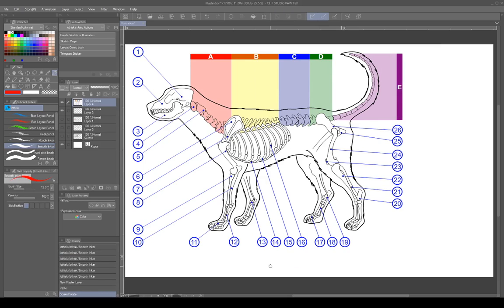Alright. So here we've got a dog skeleton, and it's broken into a bunch of different pieces here. Why is this not working? Oh, crap. Sorry, guys. I didn't realize this was gonna break on me.